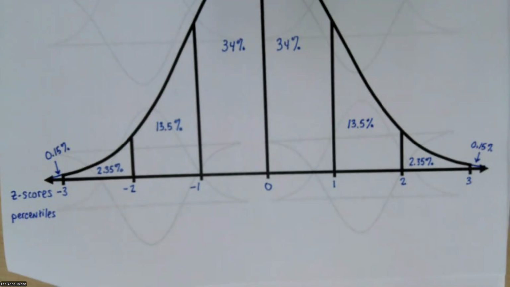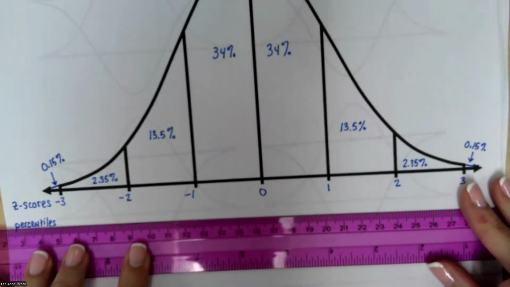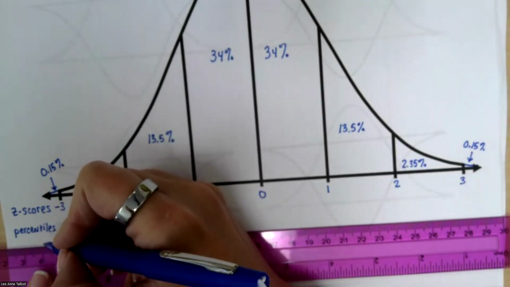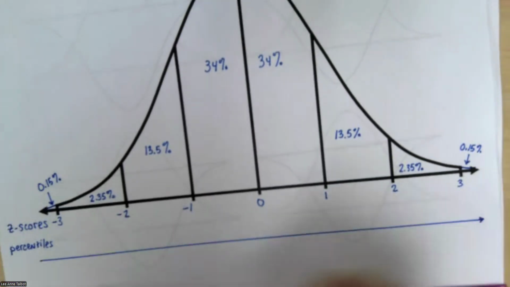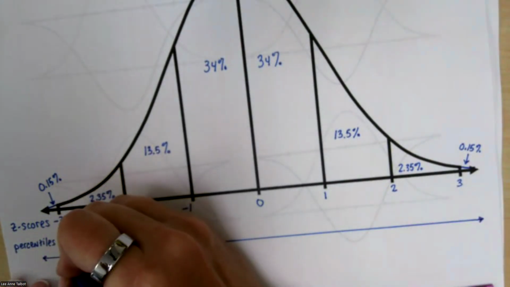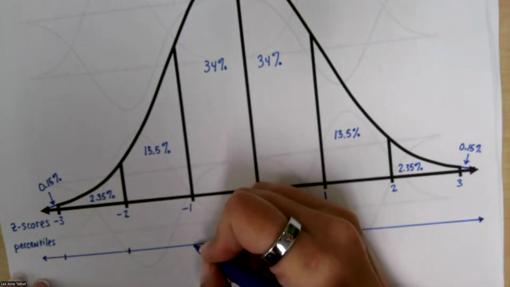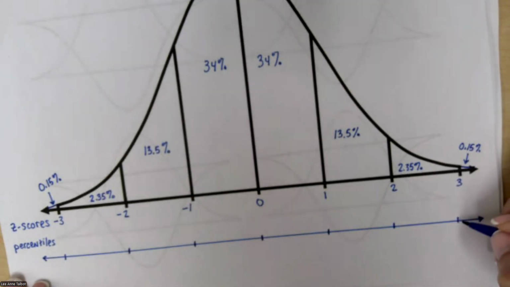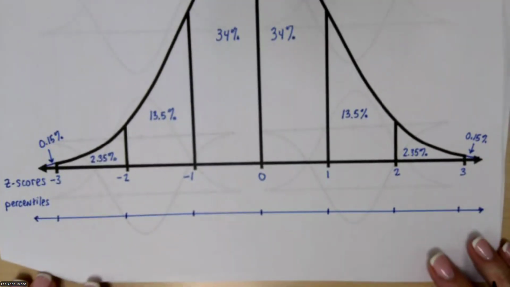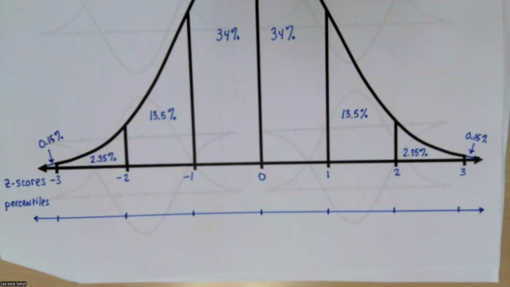You can do it with the protractor, but as I said, I'm a particular kind of lady. You guys all see where I put my tick mark? Does that make sense?